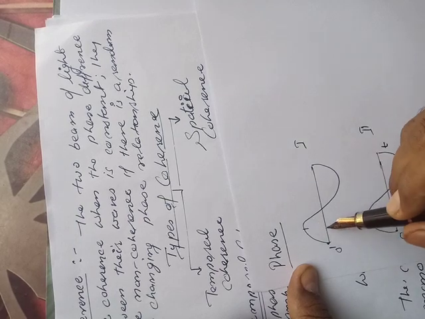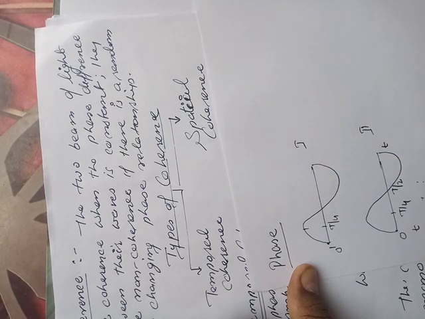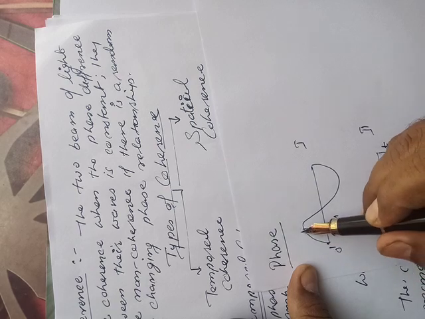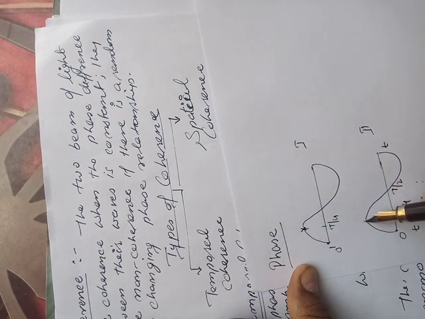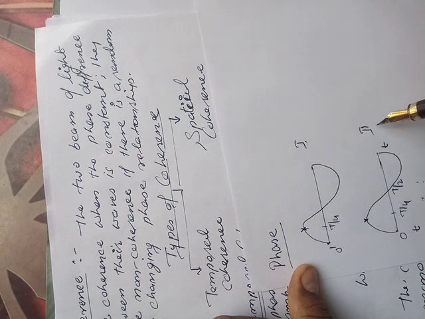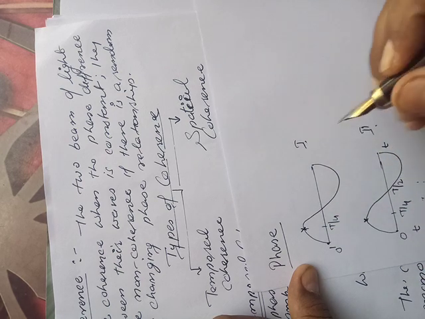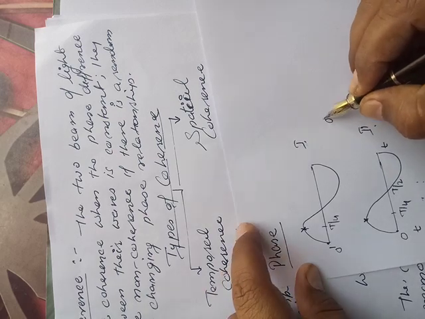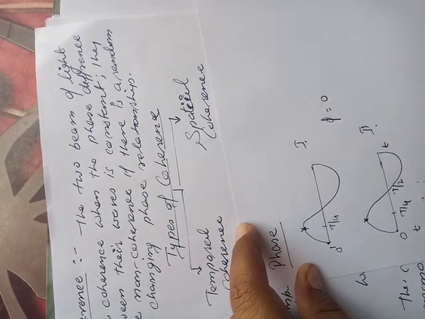At T by 4 time we observe the particle of wave 1 is at the extreme position, the peak of the crest, which is known as amplitude, and in the second wave the particle is also at this location. Means in both cases the particle is moving in the upward direction, so we can say wave 1 and wave 2 are in the same phase. So the phase difference between them, phi, is equal to 0.